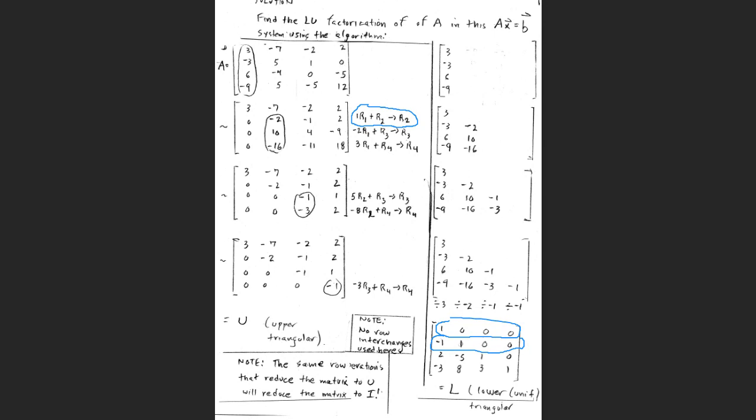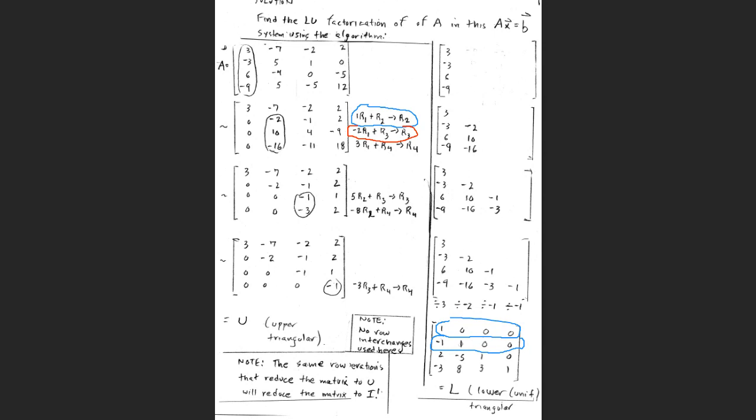Okay, let's look at the next row operation that we did to get matrix A into echelon form. We took -2 times row 1 and added it to row 3 and put the result in row 3.